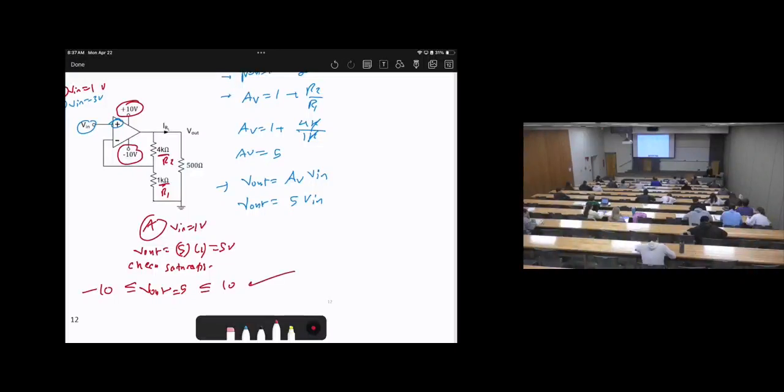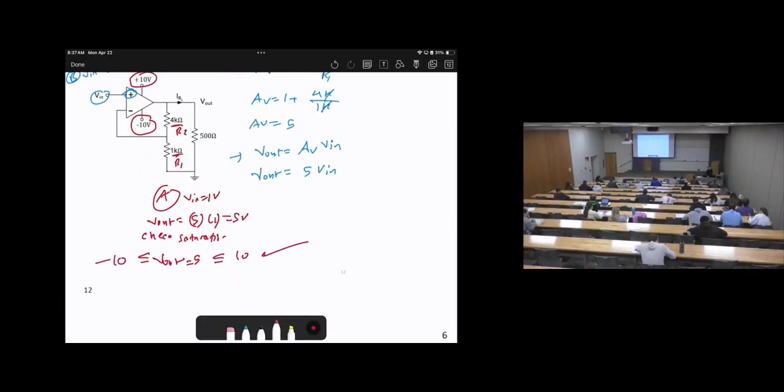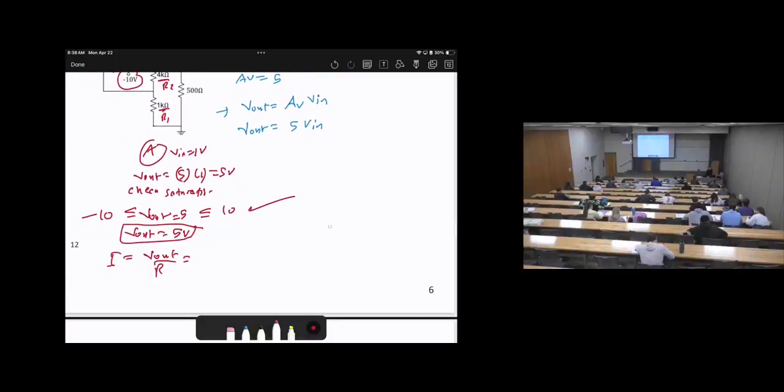Yes. So that's fine. It's not saturated. So V out will be the same thing that we got, which is 5 volts. Then the last step to calculate I will be V out over R. So 5 over 500, which is 1 over 100, then it will be 10 milliampere.